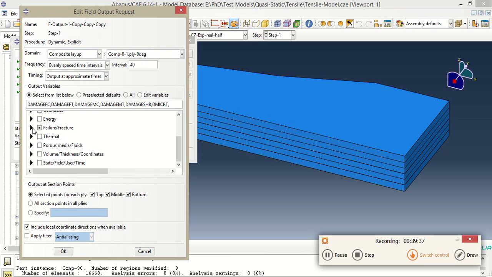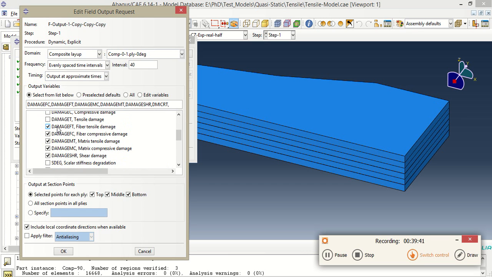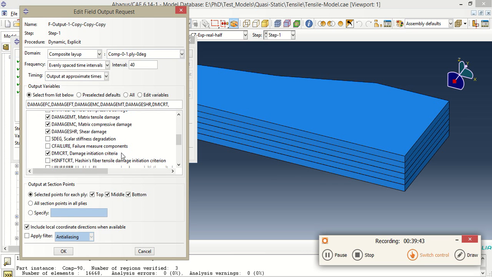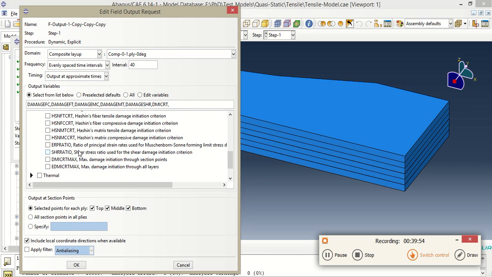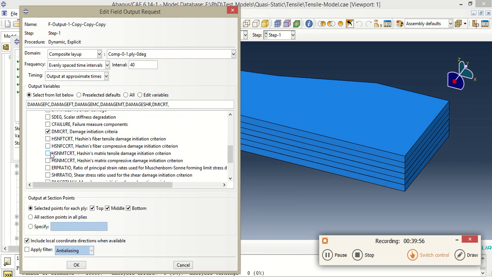Now what output is required in this? First of all, the damages are required, and then the damage initiation criteria is required. Now you can question here that since you have used the Hashin failure criteria, why are you not choosing these Hashin failure criteria for tension and compression?